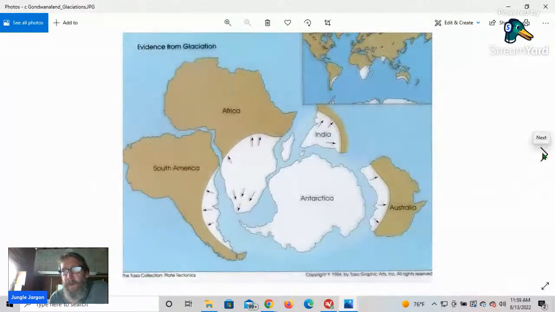So it's not a big deal, but it does help explaining things to atheists and skeptics of how the animals got to Australia, how they got to South America, because you have the same animal in Africa as South America. The jaguar and the leopard are the same animal.